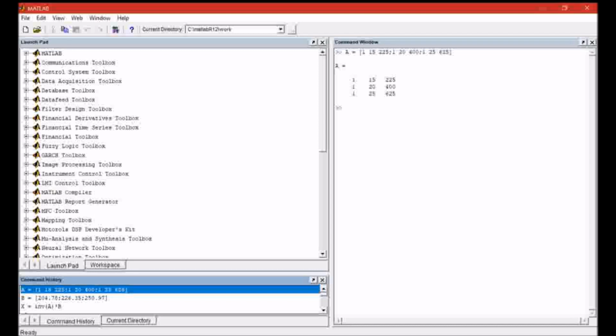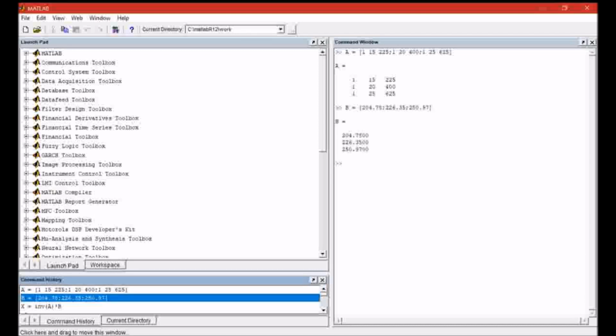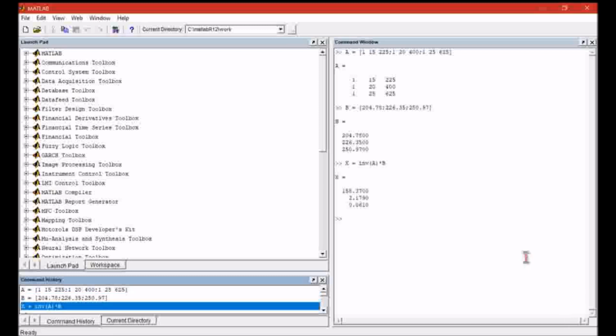It is that simple. Next, we will put our B matrix again, and we will again multiply inverse A times B, and we will yield the same answer. It is the same as I did with the linear.